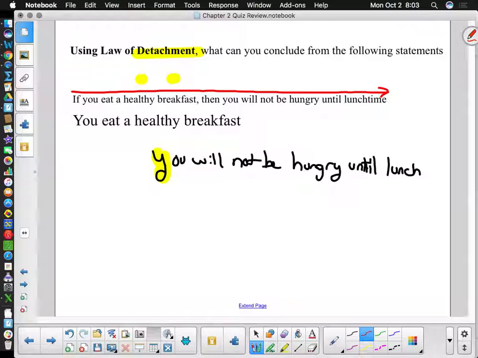It's one way. You have to start with a hypothesis and end with a conclusion. I can't start with a conclusion and go backwards to the hypothesis. Do not go the wrong way down a one-way street. Okay? That's law of detachment.